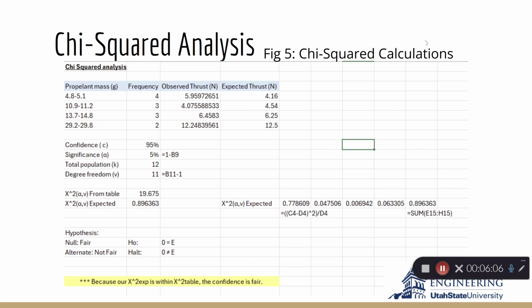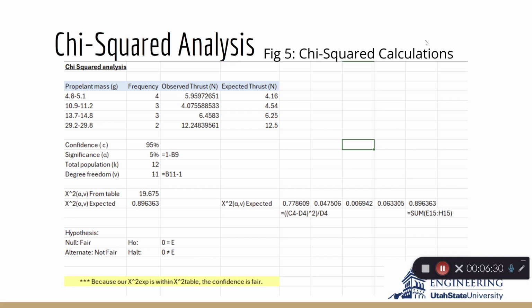For the chi-squared analysis, the motors were grouped by propellant mass. The average thrust by motor size was listed and compared to the expected thrust from the manufacturer's specifications. The chi-squared was found with the table using degrees of freedom of 11 and a significance of 0.05, as our confidence was 95%.